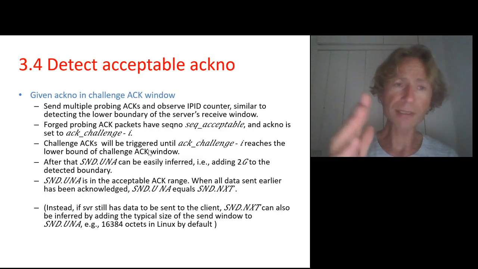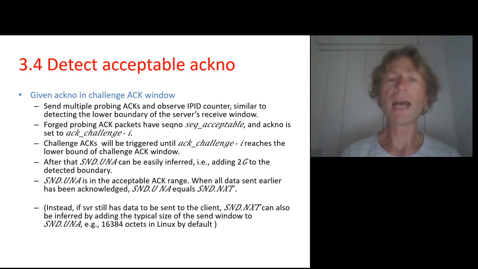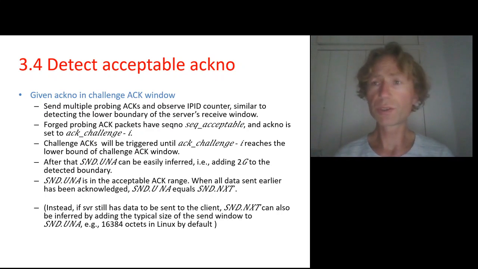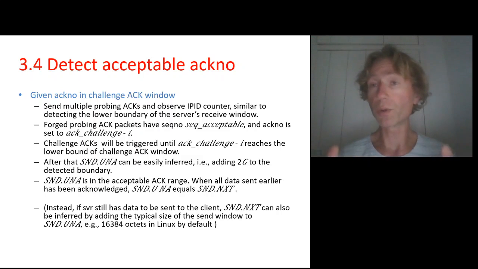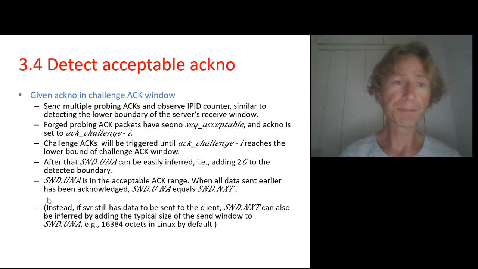We keep decrementing this until we reach the bound of the challenge ACK window, add 2G, so half of the entire space. The entire space is 2 to the power 32 or 4G. We add 2G to this, and then we get to the SND.UNA, so the first unacknowledged byte, and that should be in the acceptable ACK range.